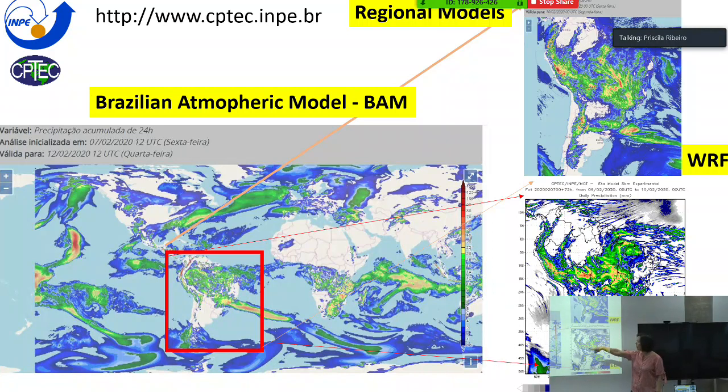But these two depend on the global model. The boundary conditions come from the global model, so it depends on the quality of the global model's output conditions. But because this one is high resolution, in general they run at a shorter range. The other goes to 10 days, and these go to 5 days or 2 days.